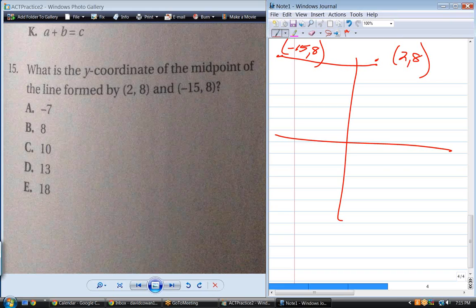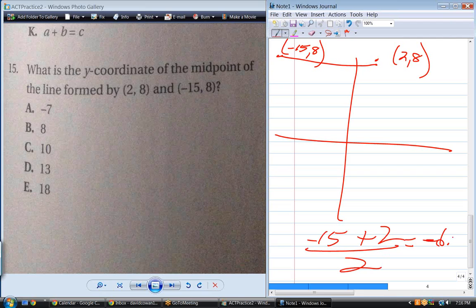The x coordinate would be negative 6.5. Okay. What you do is you take the sum of these two numbers and you divide by 2. So we have minus 15 plus 2 divided by 2.